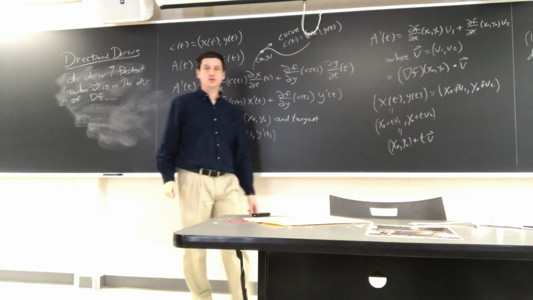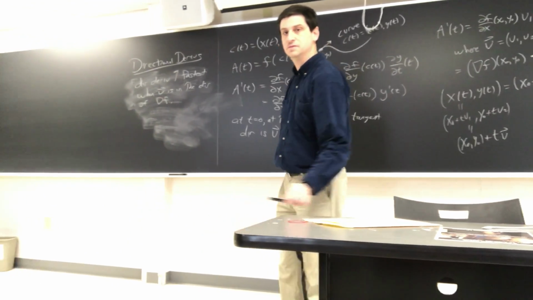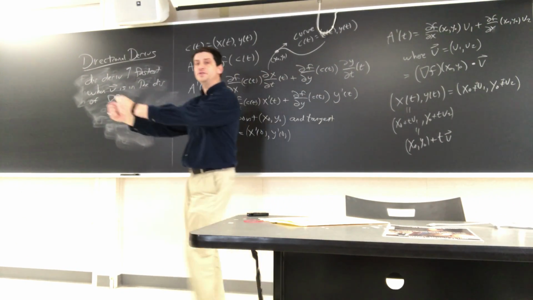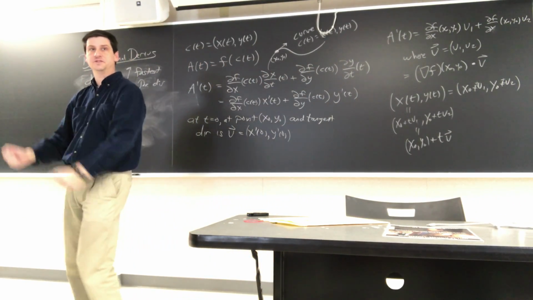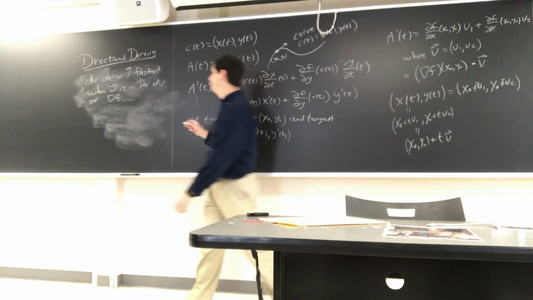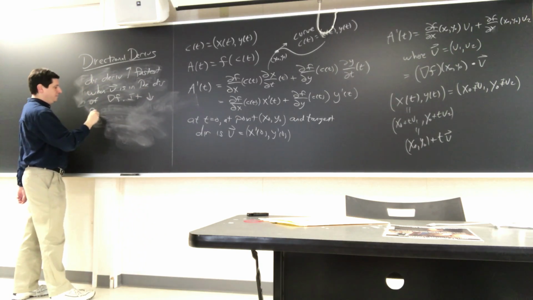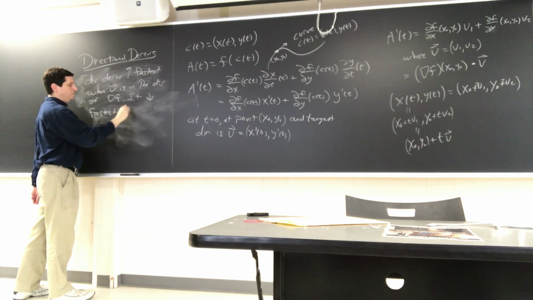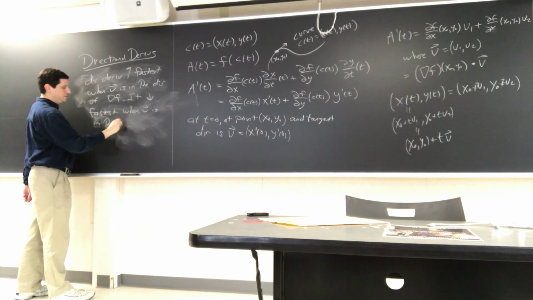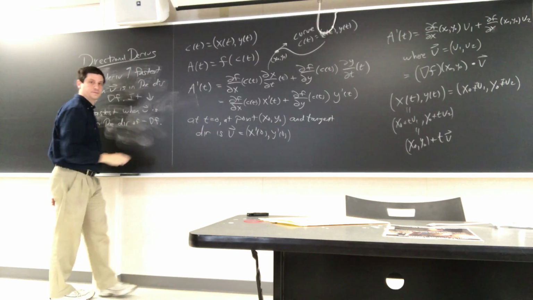What direction do you think we should go in order for it to decrease the fastest? So if we go in the direction of the gradient of f, it's increasing the fastest. Which direction should we go opposite? So it decreases fastest when v is in the direction of negative grad f.